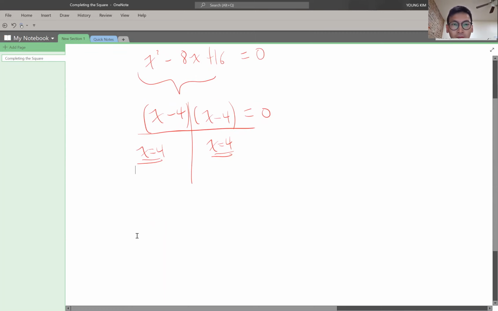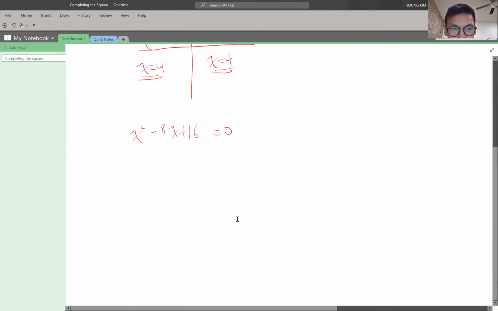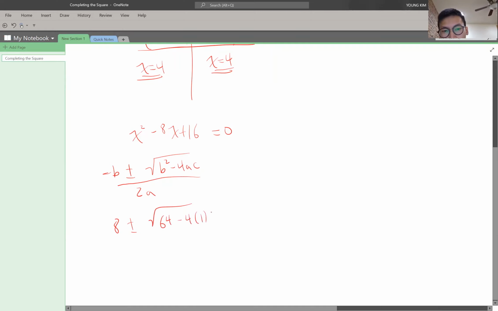Now, we also looked at the quadratic formula, and we said we could solve this using that, and that was kind of like a cannon compared to factoring these other things, right? So here, let's try it. Negative b plus or minus the square root of b squared minus 4ac over 2a, and negative b is 8, plus or minus the square root of negative 8 squared, which is 64, minus 4 times 1 times 16, all over 2 times 1.